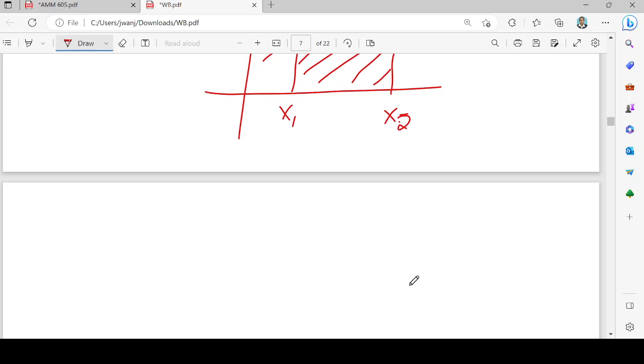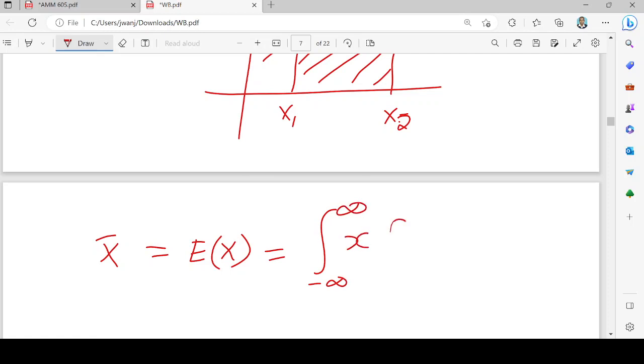We have also talked about the mean of the random variable, which is also known as the expected value, and is defined as the integral from minus infinity to infinity of x times f of x dx.